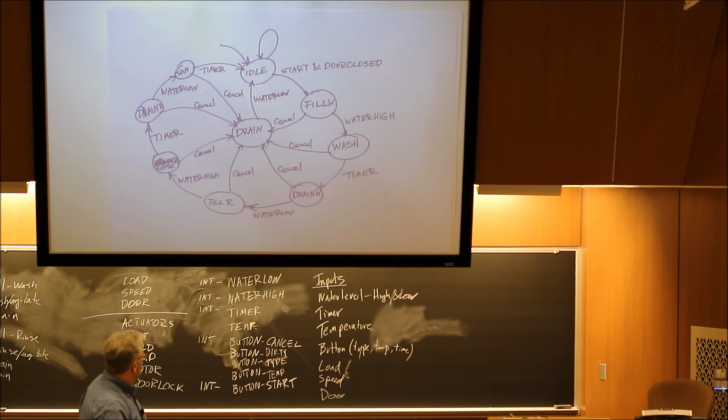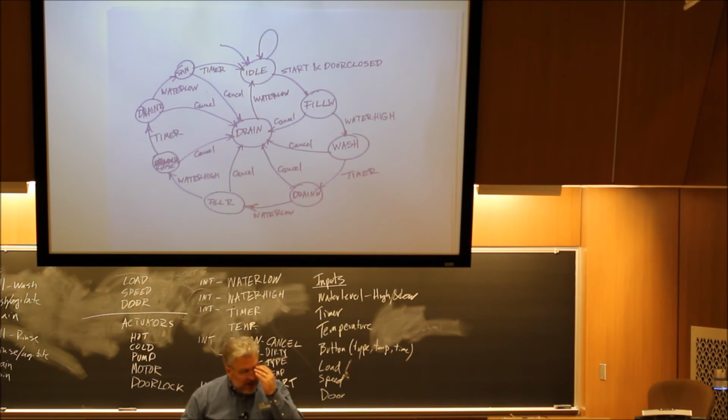Fill W versus fill R. Drain W, wash, rinse, drain R. And just plain old drain, all right? So we know that we're going to create a state machine that will allow us to go from one place to another.